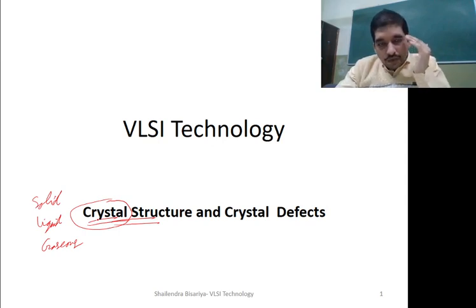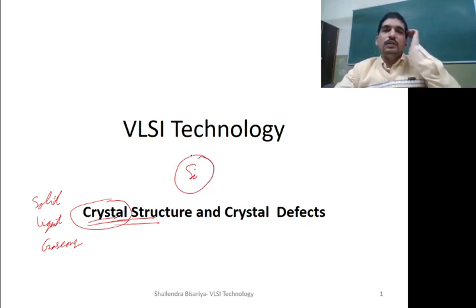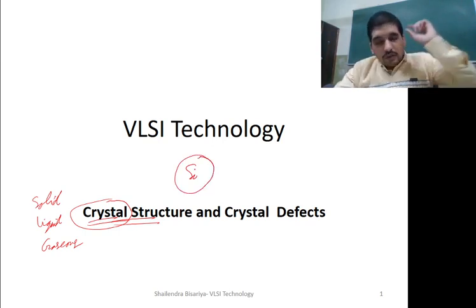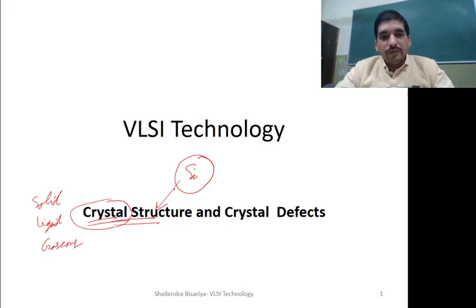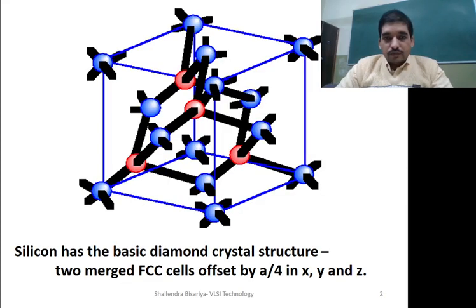What I want to tell you here is that since we are going to use silicon, we basically use silicon in the fabrication industry to manufacture the integrated circuit, to fabricate this wafer. So we must first be aware of which type of structure this silicon has. So the first point is about the silicon structure.